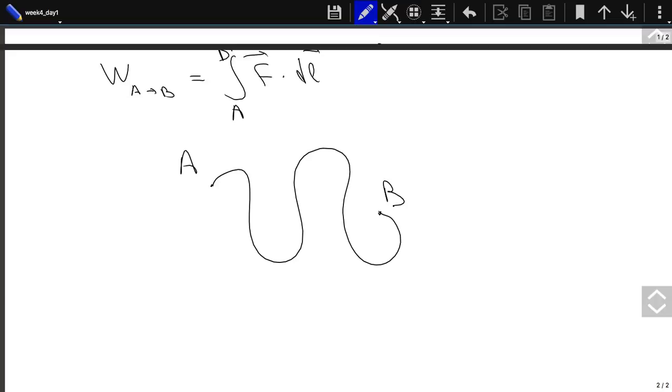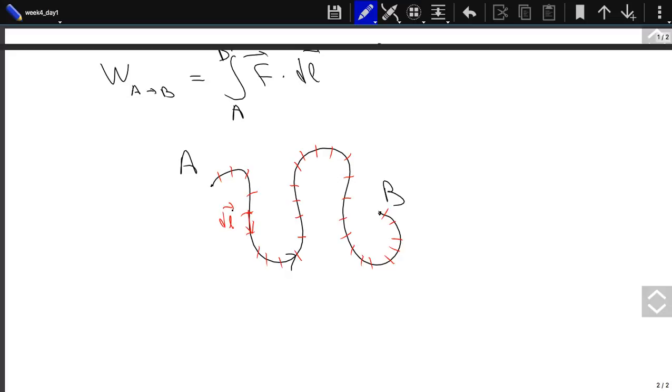Now, what these symbols mean is that just take this path, divide it into very small segments. Well, since I'm going from A to B, let me also put this arrow. I divide it into very small segments. In each one of these segments, let's take this one, I go from this point to the next one. The vector pointing between those 2 points is what I call the vector dl.